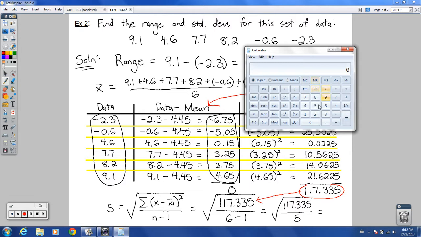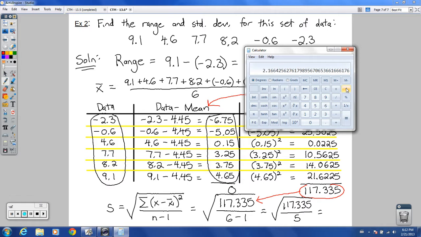I would see some people type in 117.335, and take the square root of that first, unknowingly, and then divide that by 5.